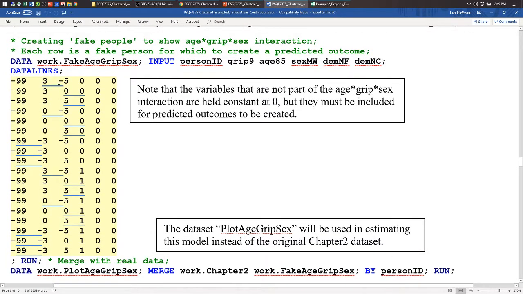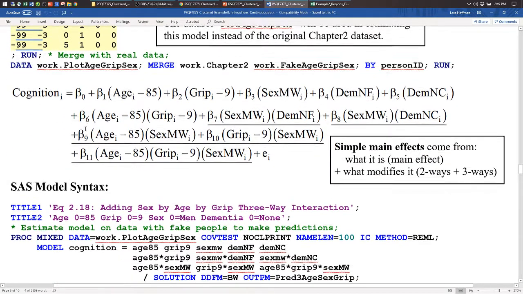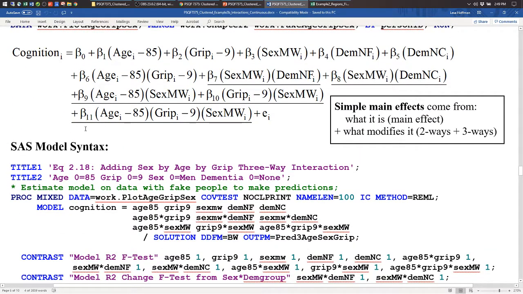In order to show a three-way interaction of grip, age, and gender, I now have more big people because I have to show high, medium, and low for both men and women. Here's my model. So I've underlined the new terms.